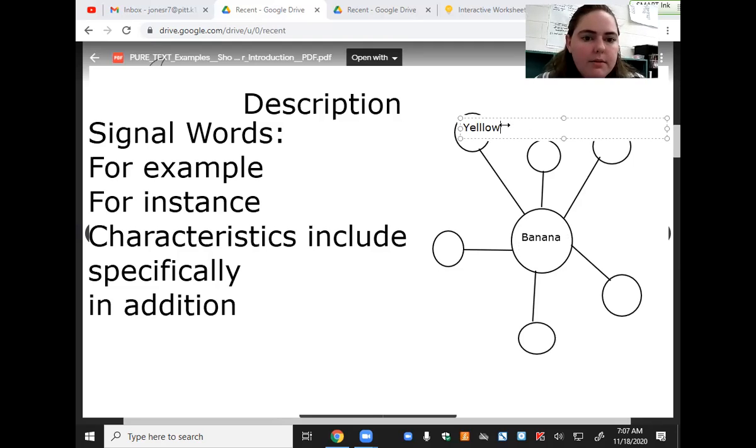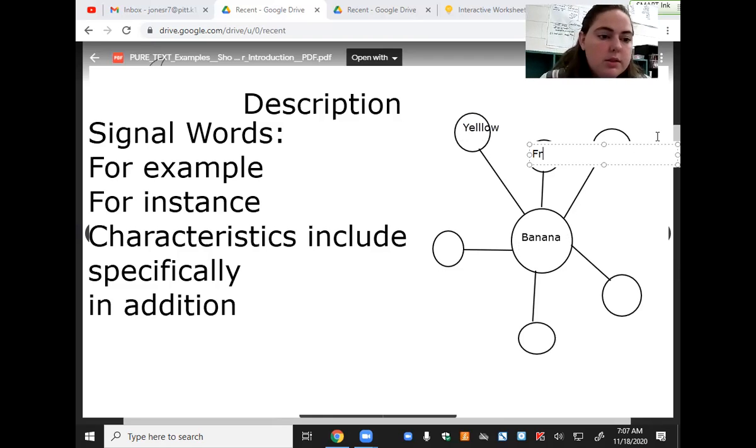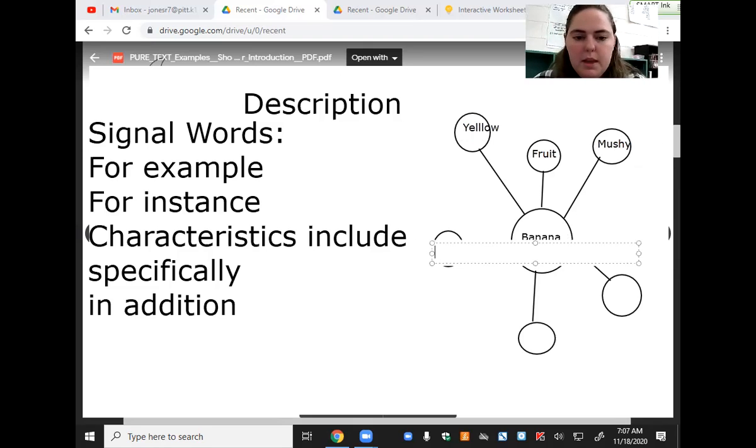We know a banana is yellow. How else could we describe a banana? It's a fruit. We know it's a fruit. We know it's mushy on the inside. The inside's mushy. We know it has a peel because you have to peel around the banana. Peels.